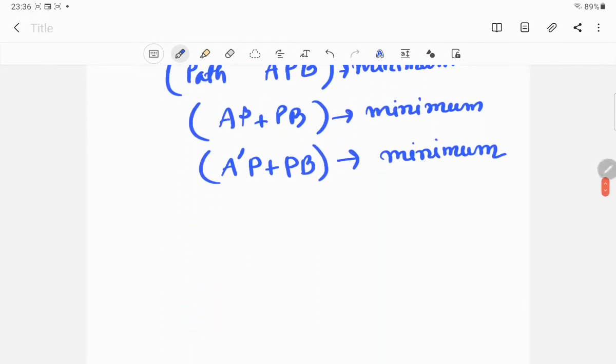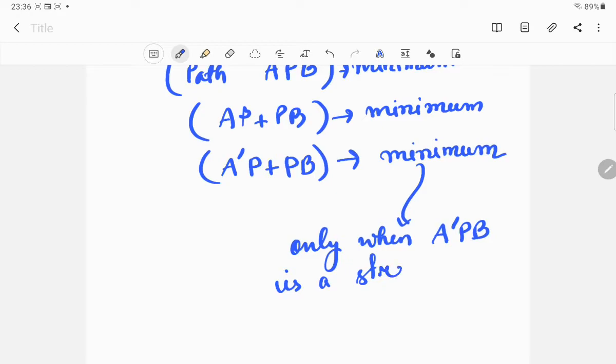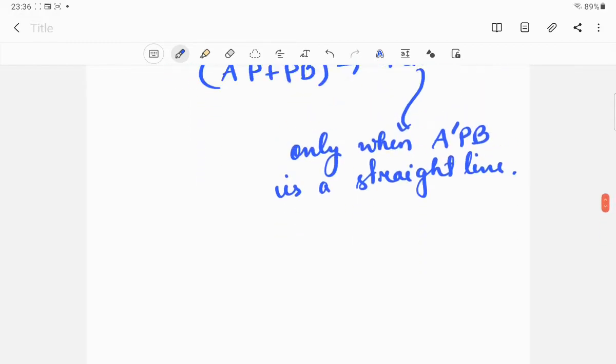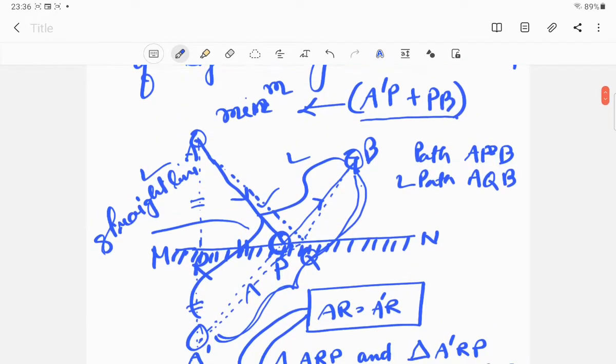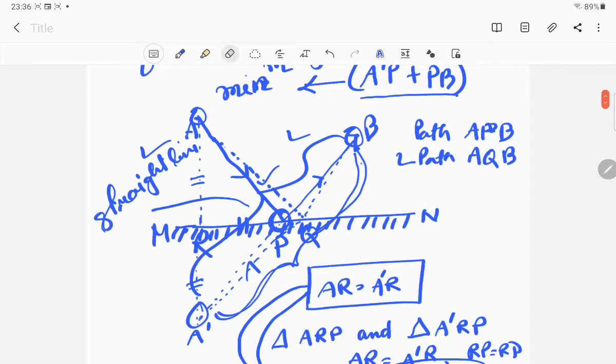So this will be minimum only when A dash PB is a straight line. Let us go back to the diagram again.